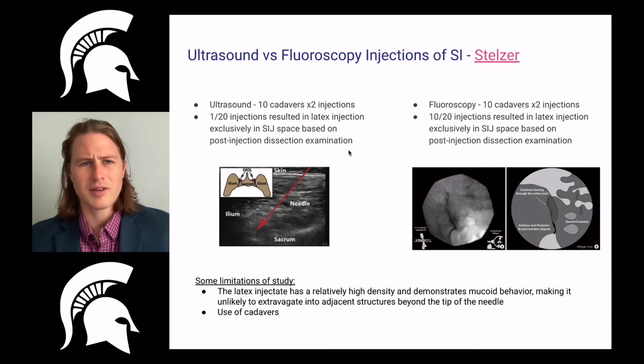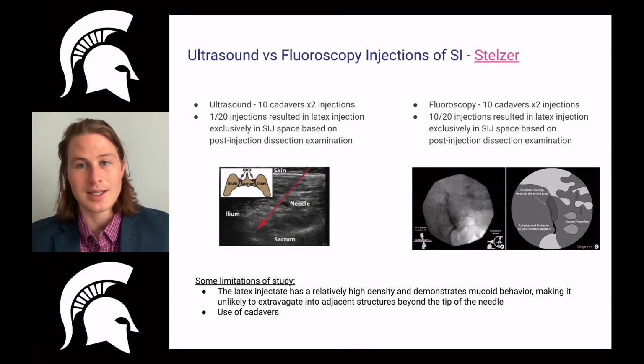But what about the effectiveness of ultrasound versus fluoroscopy? Stelzer completed a study using 20 cadavers in total, 10 for each group, each cadaver having 2 SI joints. There were 20 injections completed per group.